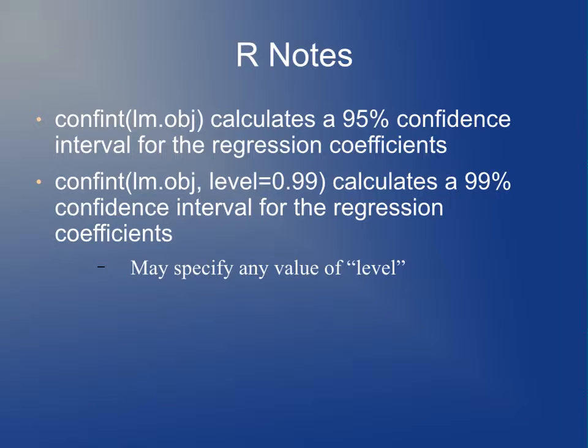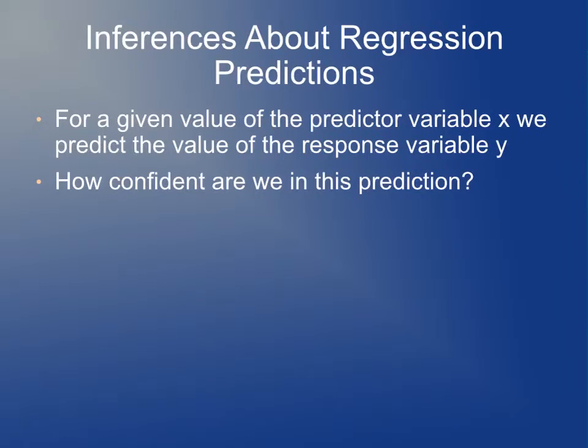In general, if you say confint of an LM object, that'll calculate a 95% confidence interval for the regression coefficients, and you can add the parameter level if you want a 99% confidence interval or some other confidence level. In practice, you almost always use 95%, which is the default.